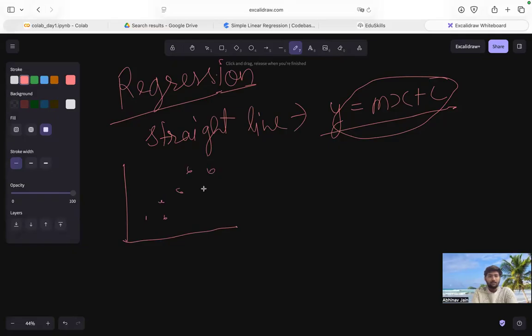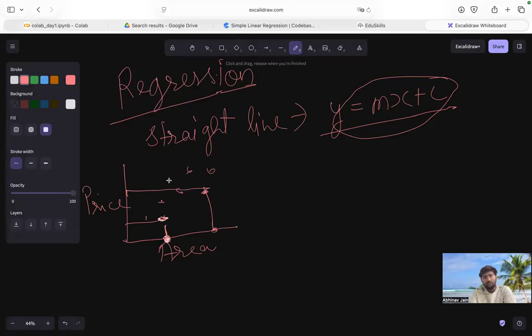This is your area on the x-axis and this is your price. You can assume whatever x and y here. So at this area, this is the price, and at this area, this is the price.